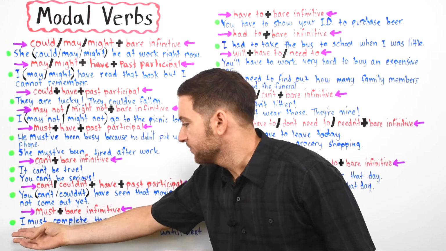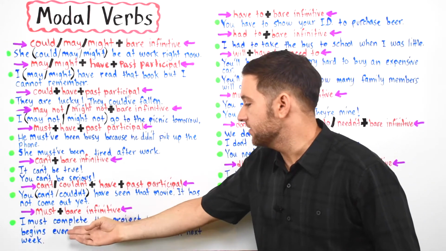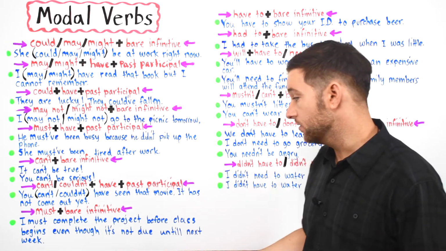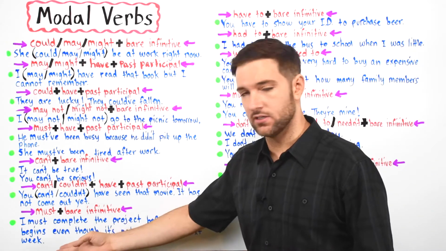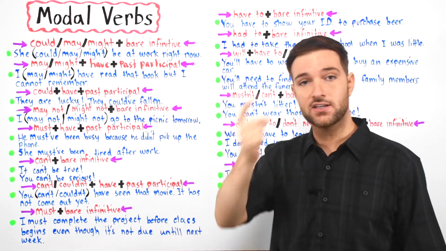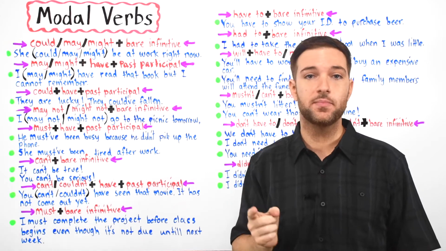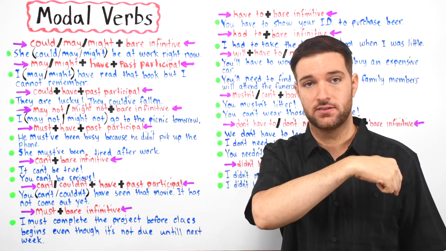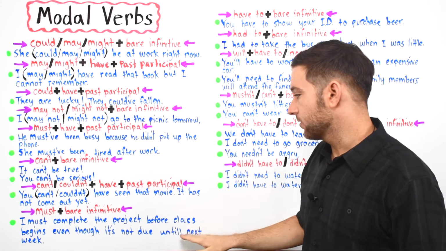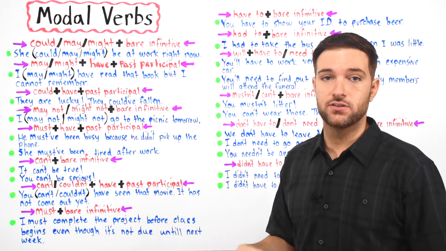In this case, you feel that you have to finish, you have to complete your project for school. Okay, even though it's not due until next week. It's not due this week, it's due next week. Not now, but in the future, next week. So I must complete the project before class begins, even though it's not due until next week.